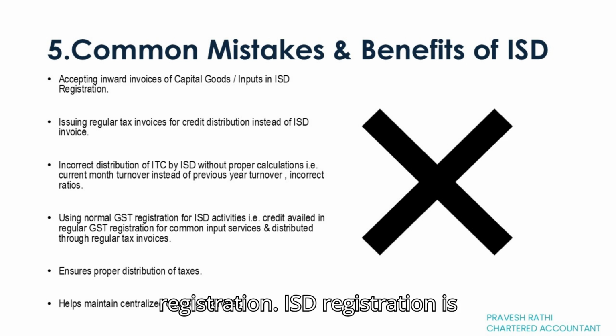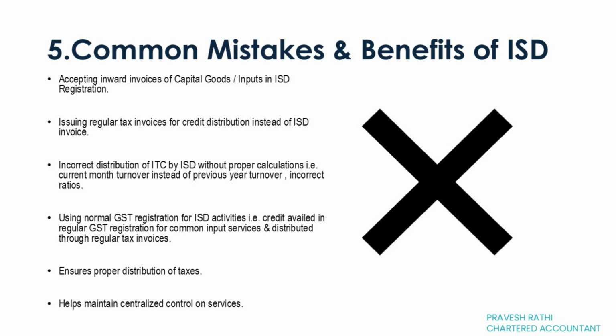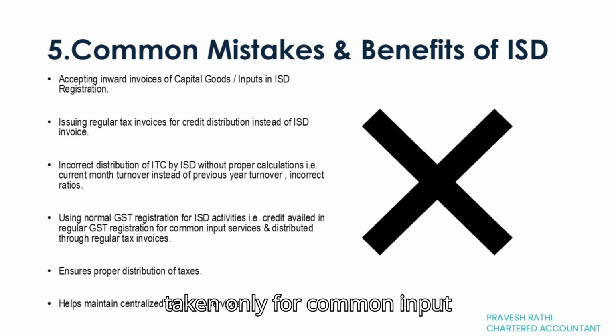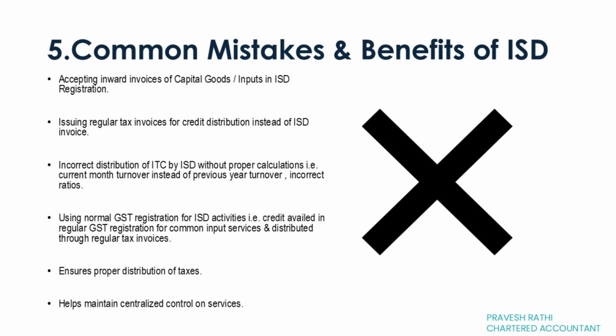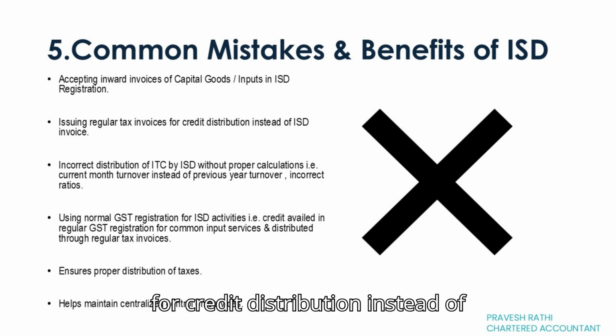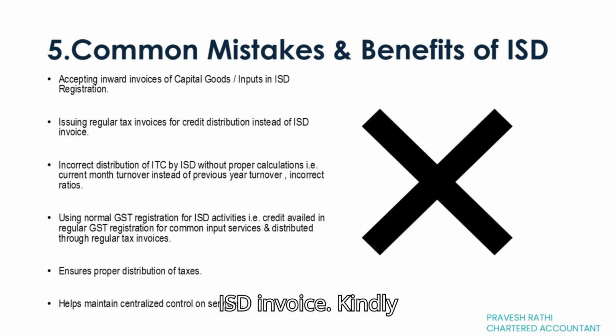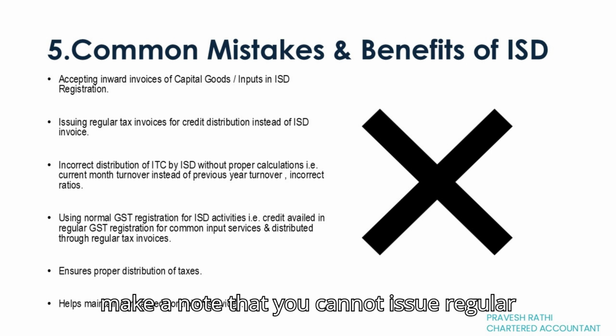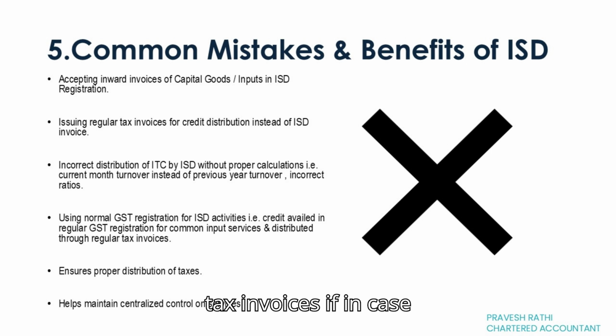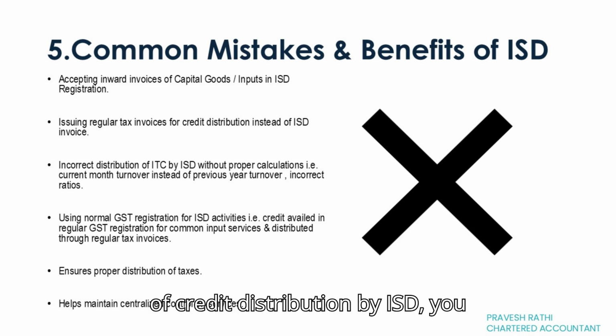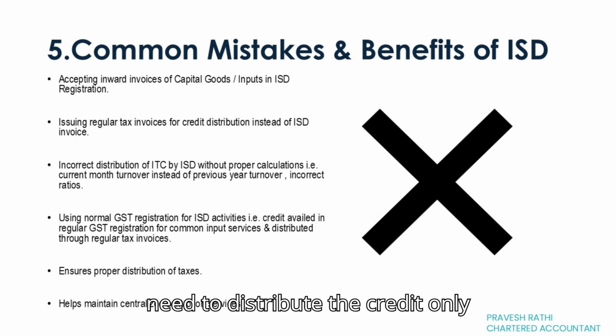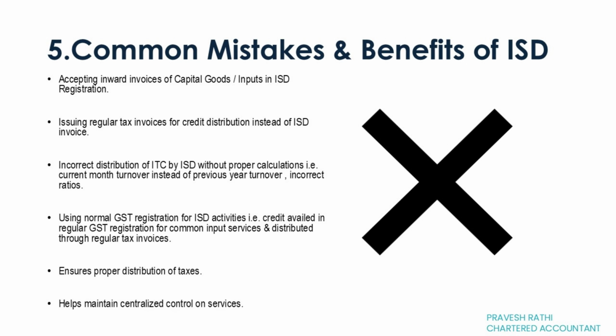ISD registration is taken only for common input services and nothing else. Another mistake is issuing regular tax invoices for credit distribution instead of ISD invoice. Kindly note that you cannot issue regular tax invoices for credit distribution by ISD. You need to distribute the credit only through ISD invoice.